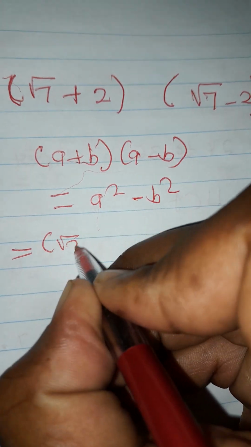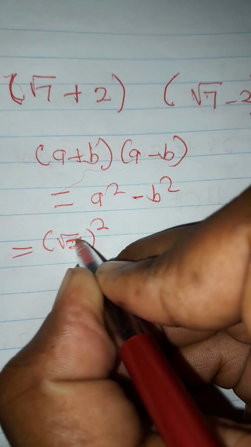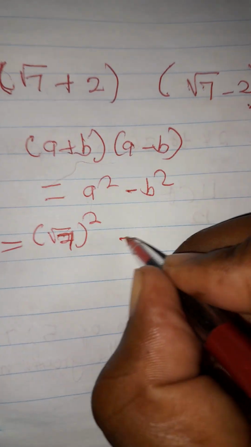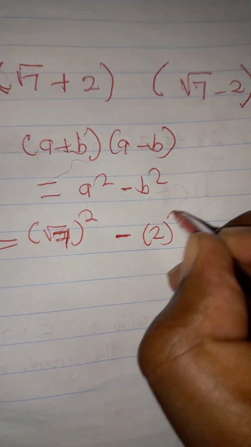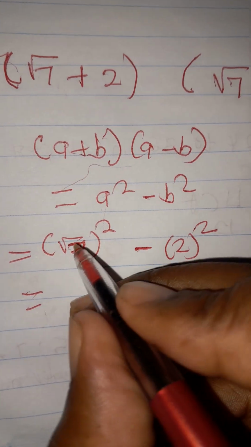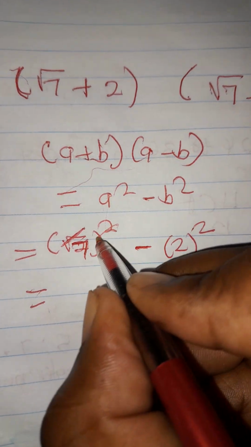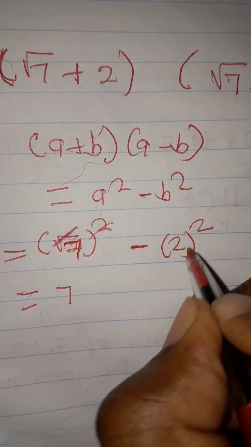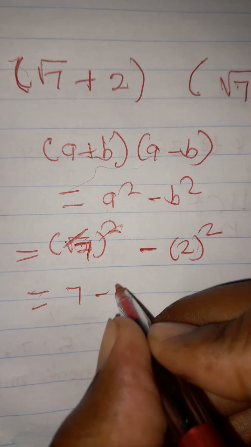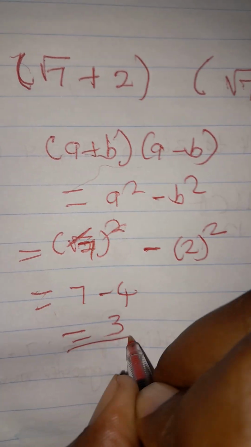So let's power this. It's the same as root 7 being squared as well as root 2 being squared. Then from here, the square root of 7 and the square will cancel, we'll be left with 7. Then when you square root 2, that will be 2, and 7 minus 2, that will be 5.